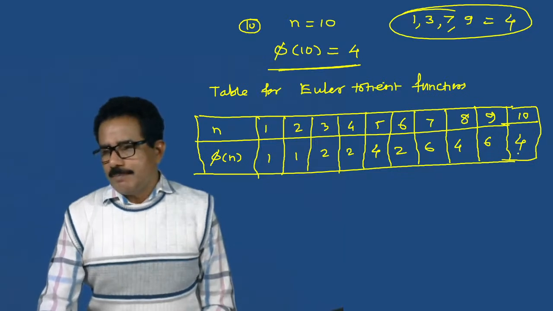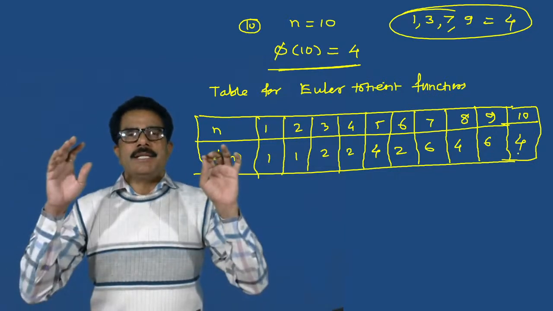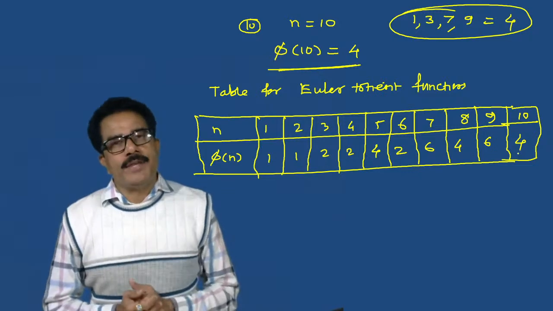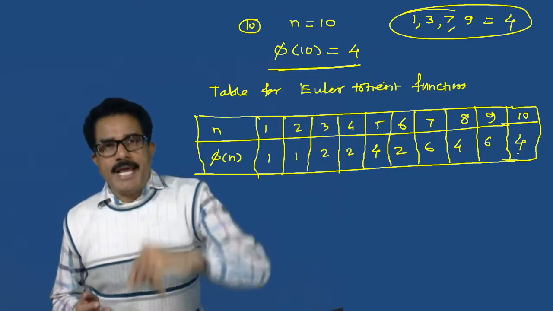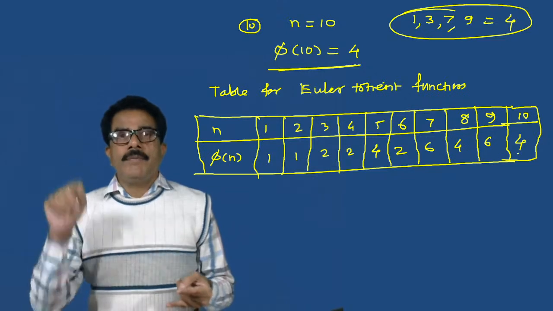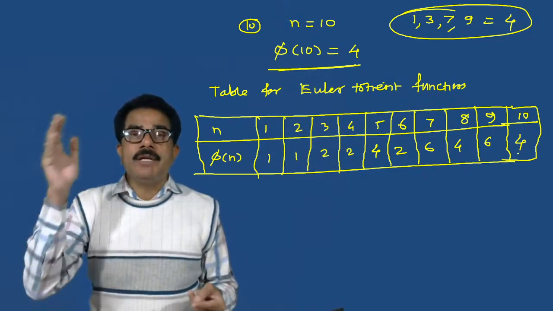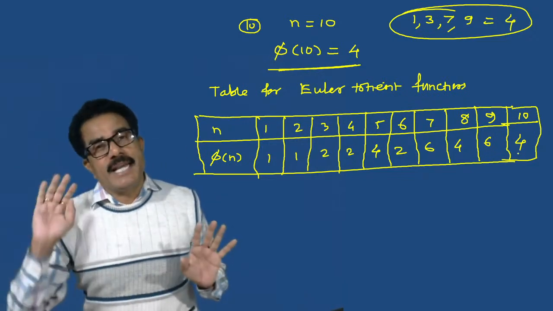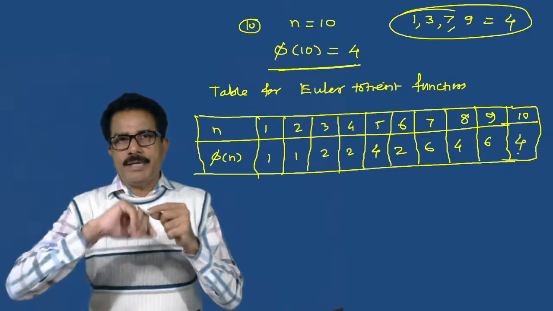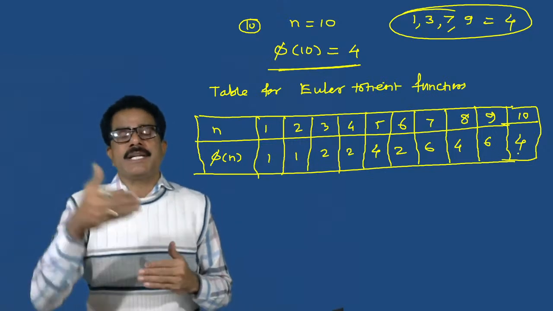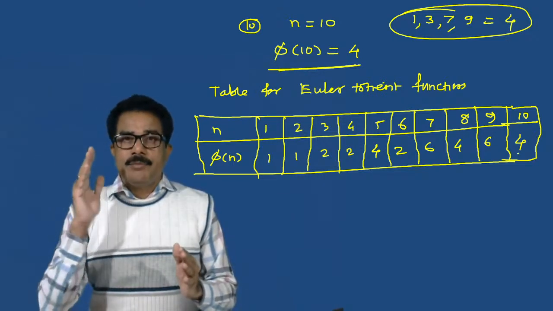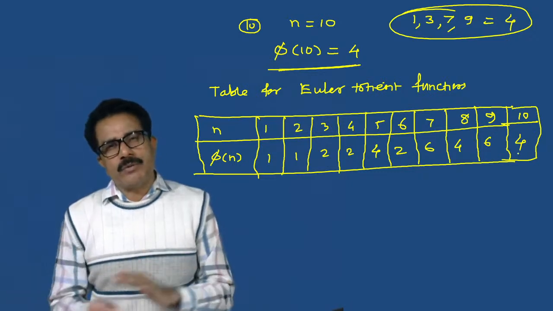Okay, did you understand, students? See what the definition of the Euler Totient function says. The Euler Totient function, denoted by phi of n, is defined as the number of positive integers which are relatively prime to n but not greater than n. That means we have to find the integers that are relatively prime to n, count them, but they must not be greater than n, only up to n, less than or equal to n.